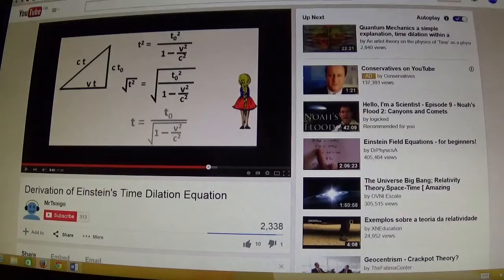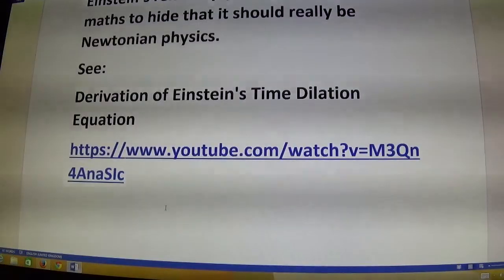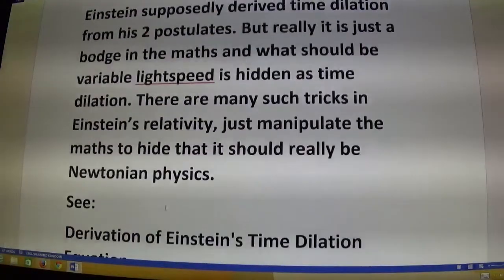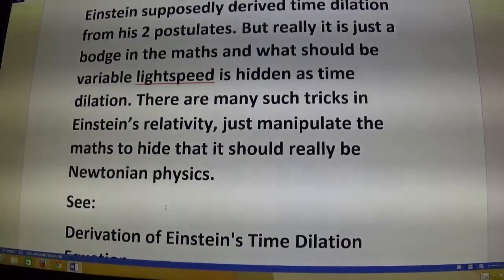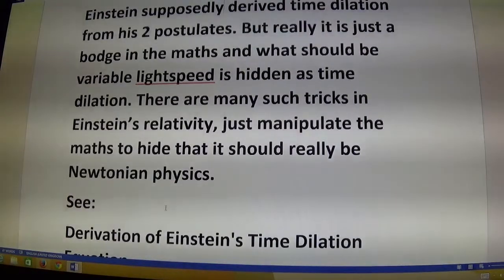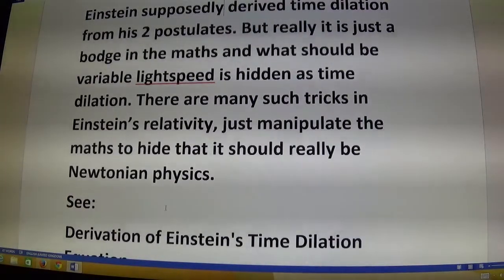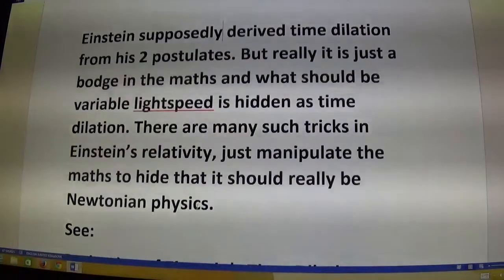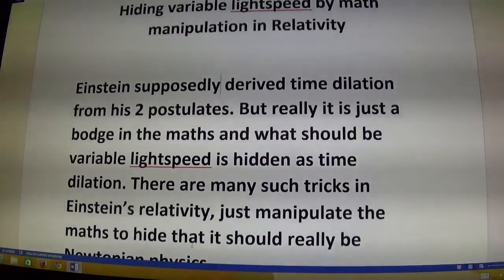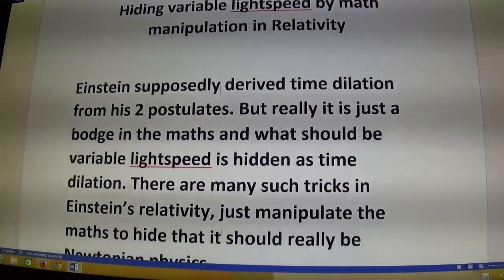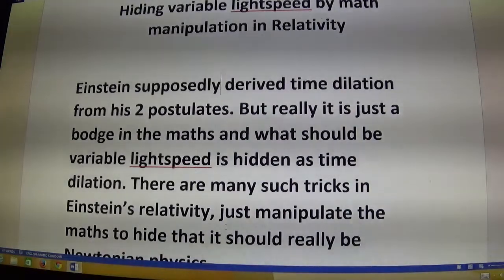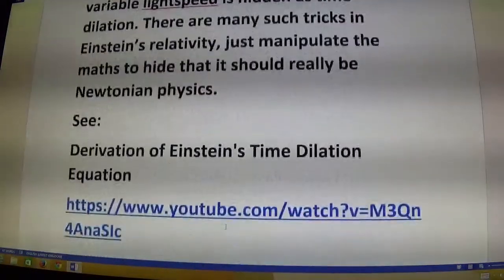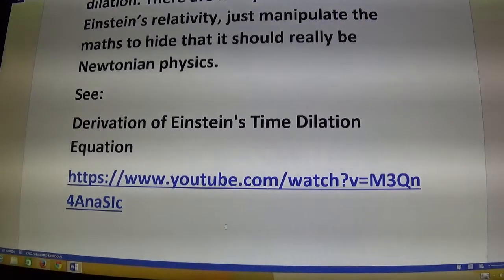So that's where they are. They're trying to hide variable light speed as time dilation in that particular thing. It's Newtonian physics, and they've bodged it. They can't even see that they're bodging it.